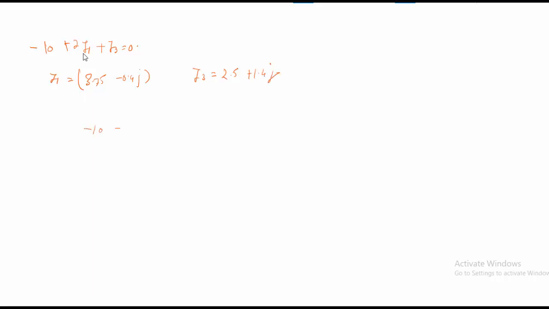So minus 10 plus 2 into 3.75 minus 0.4j plus 2.5 plus 1.4j, which is equal to minus 10 plus 7.5 minus 0.8j plus 2.5 plus 1.4j, which is equal to 0. So this satisfies the first equation.